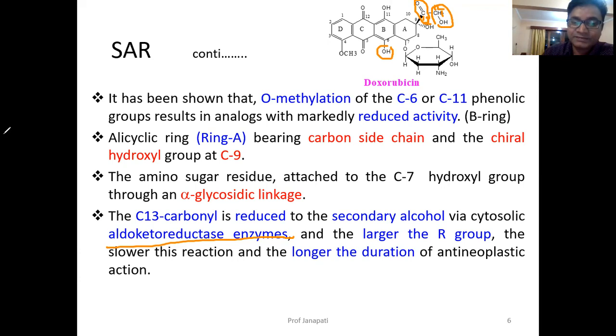So I will explain again: here you see 12, this is 13, this carbon is 14. If this carbon is reduced, having a bigger alkyl group here, then it has a long duration of action.